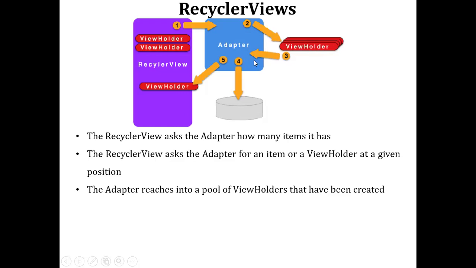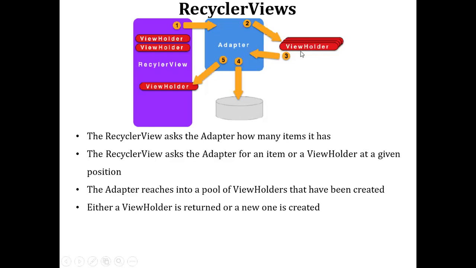So when the recycler asks the adapter for the available view holders or the item to be displayed, the adapter reaches into the pool of view holders, or a new view holder will be created. Then this view holder is returned to the adapter.